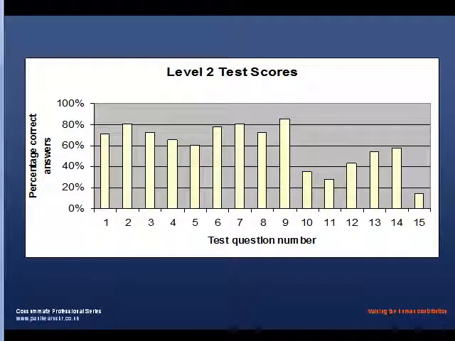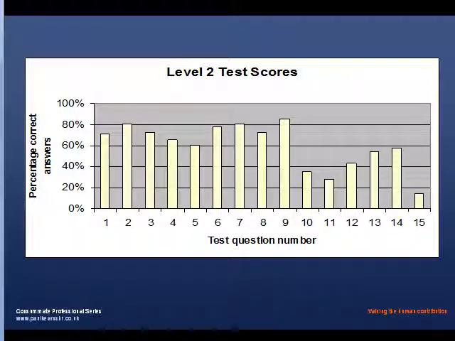So let's just quickly look at what else we can do with level 2 tests. The first thing here in this diagram is that we asked a group of people going on a workshop 15 questions, which are the numbers on the x-axis. Depending on their answers, we looked at the scores for the whole group.